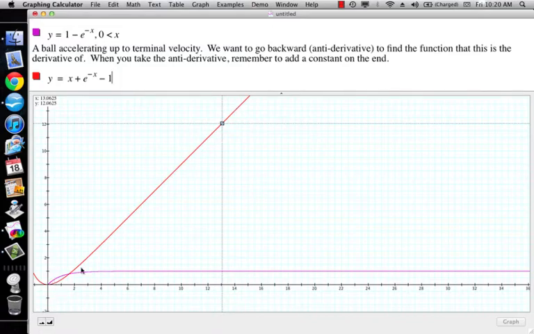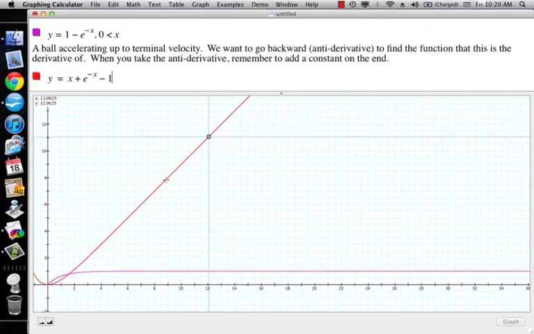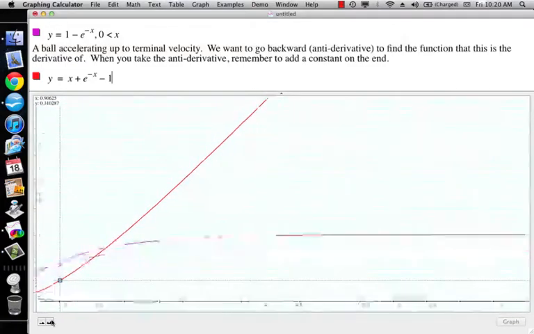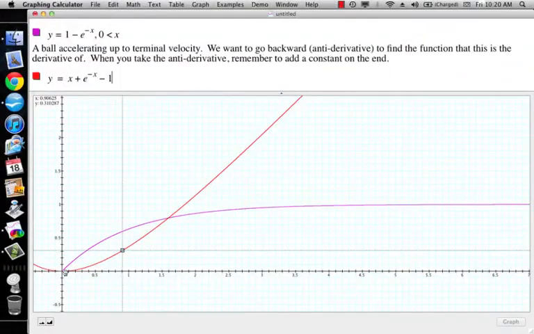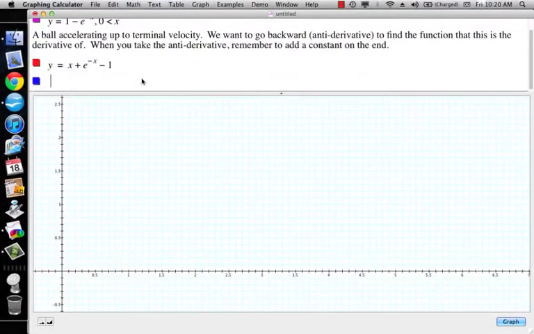So down here, I've initially got a quadratic equation as it accelerates, but then as it stops accelerating, it just straightens out. Okay, then as long as I've got it here, I want to find my acceleration graph.